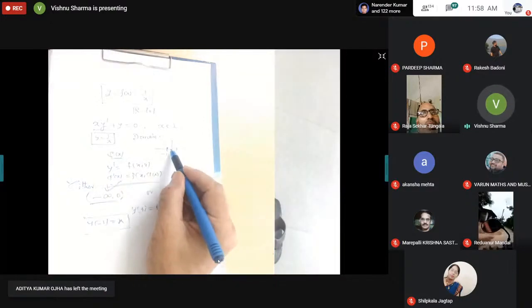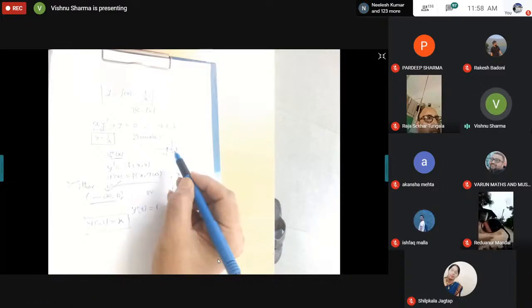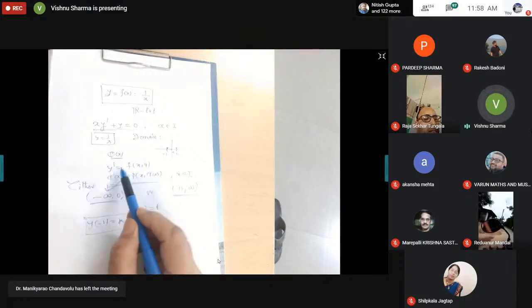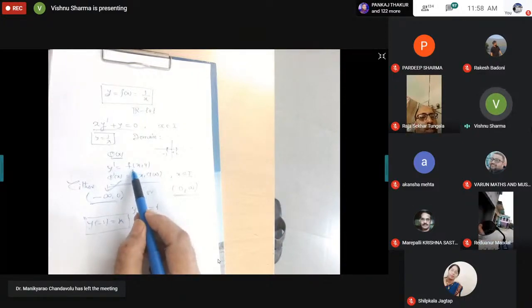No interval containing 0 can be the domain of the solution function. So there is a difference between the function and the function which represents a solution of a differential equation, because here we want this to be differentiable.